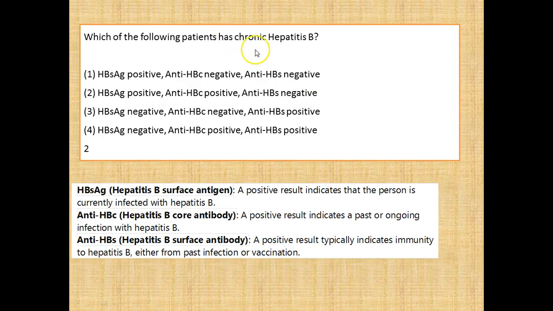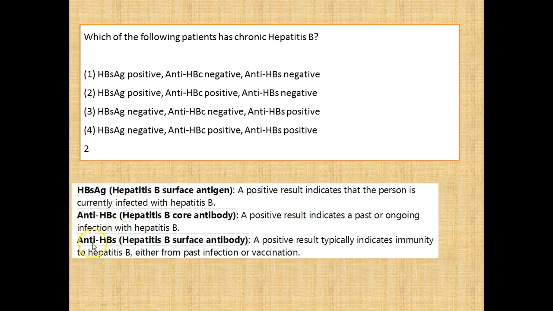Now, which of the following patients has chronic hepatitis B? The correct answer is HBsAg positive, anti-HBc positive and anti-HBs negative. Dear student, you have to remember these three important points for hepatitis, because anytime they can ask you about acute hepatitis or chronic hepatitis. Whenever the word anti is not there, it means the patient is currently infected. The latest infection is there.